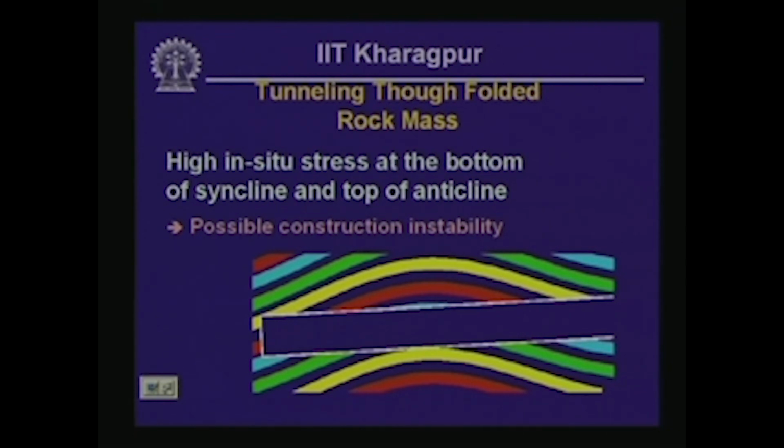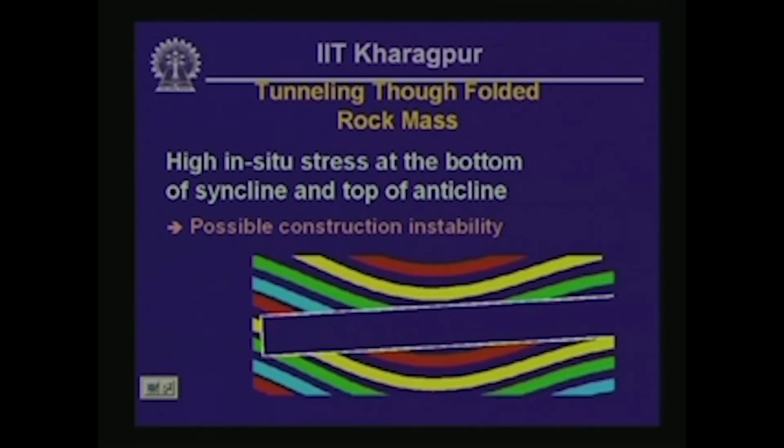Here, you are going to get a much larger stress near the crowns of these folded layers. As a result, you might encounter problems associated with rockfall, as the increased stress is released when the tunnel opening is made while crossing these folded layers.